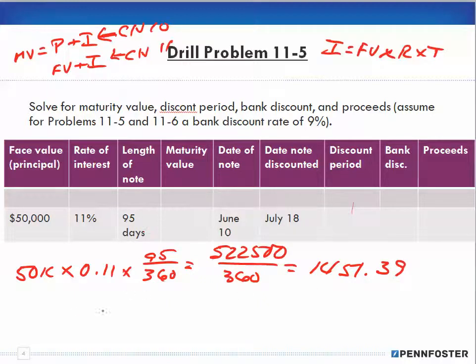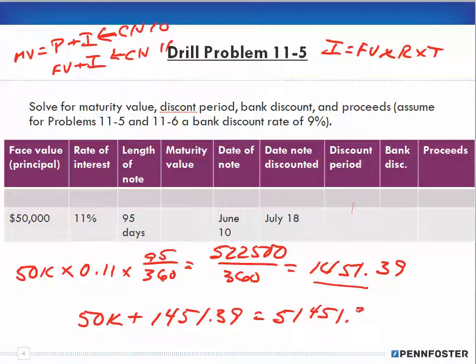And of course, the maturity value is the face value, which is 50,000, plus the interest, which we just calculated, $1,451.39. So that makes our maturity value 51,451.39.